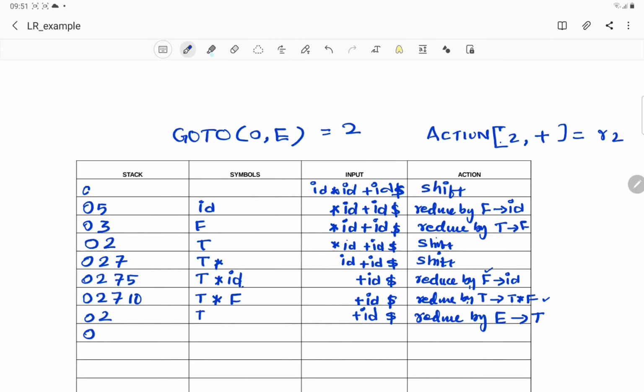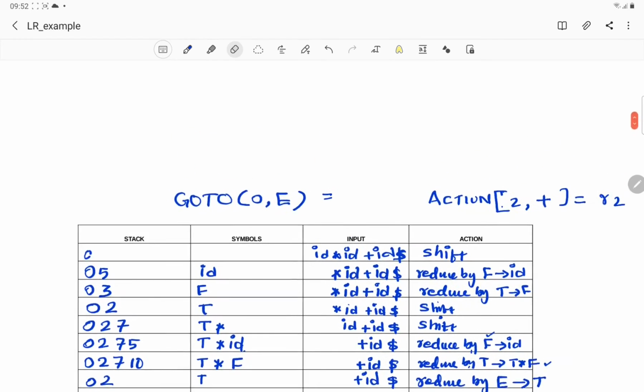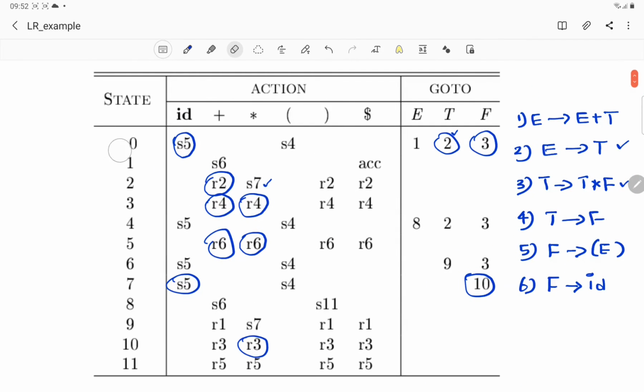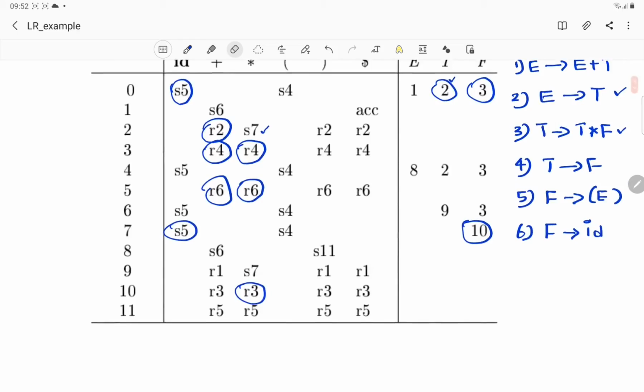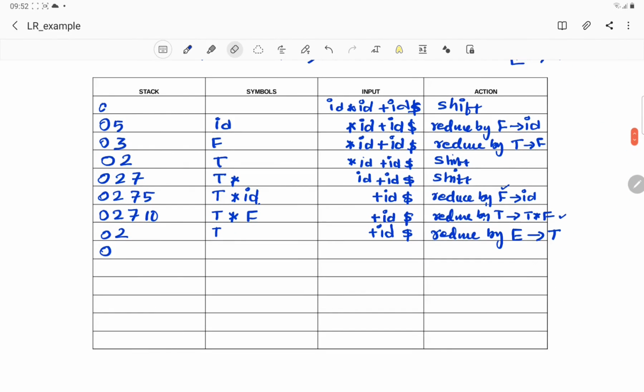So go to of 0 comma E is 1. So we'll push 1 onto the stack, and this T will be reduced by E, and our input will be plus id dollar itself.